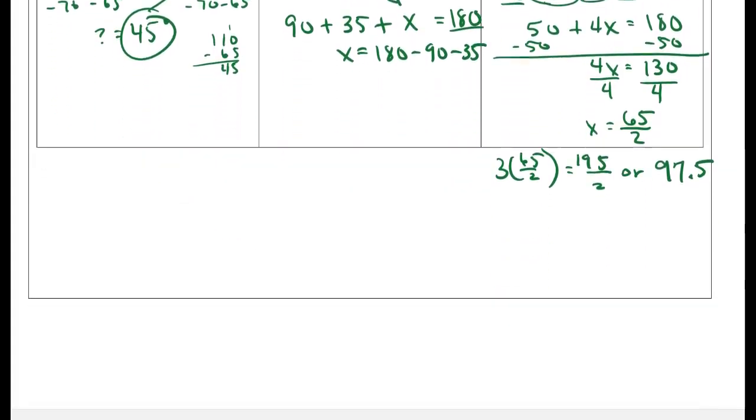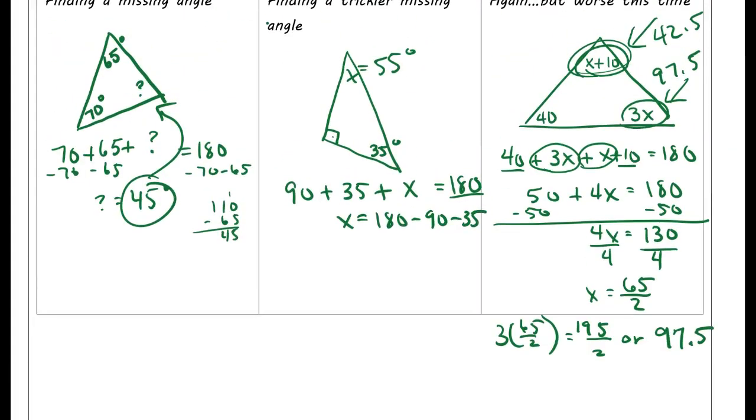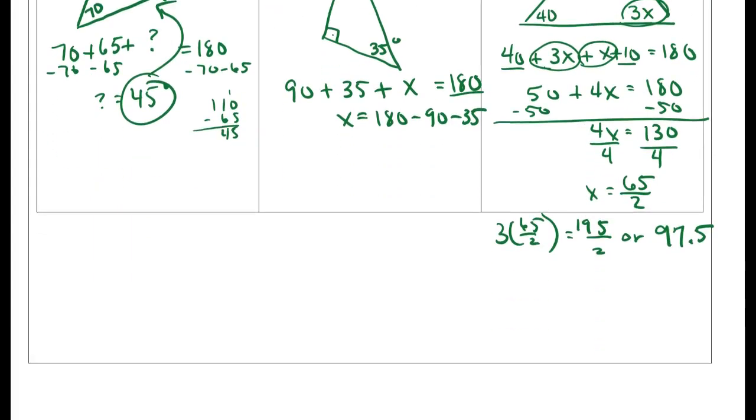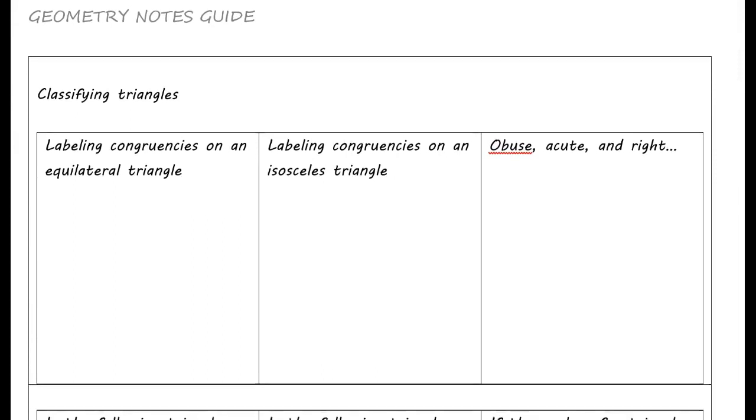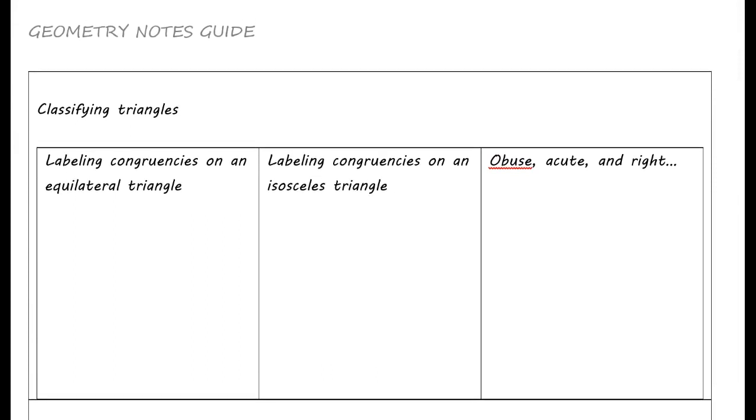It only gets trickier if they don't give you like everything labeled, but instead they describe a triangle to you. And this was that classifying triangles thing that I'm talking about. So we first need to talk a little bit about labeling and the different kinds of triangles, okay? So here we go. So classifying triangles.